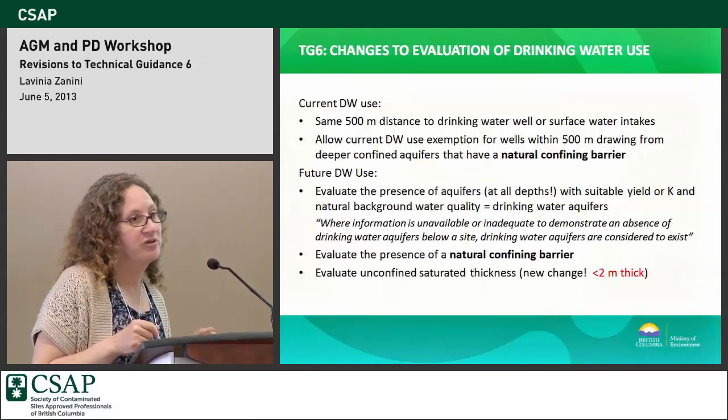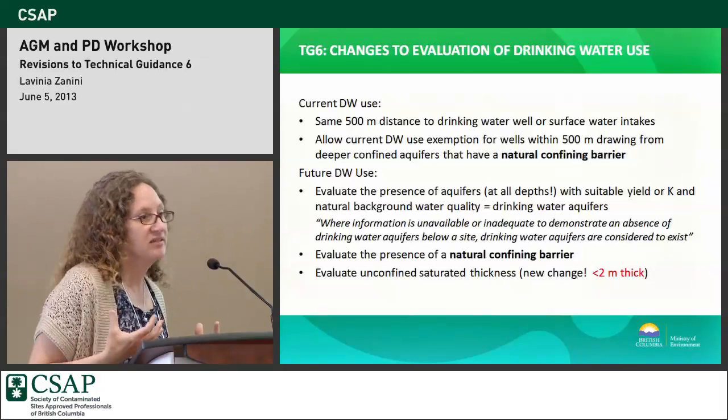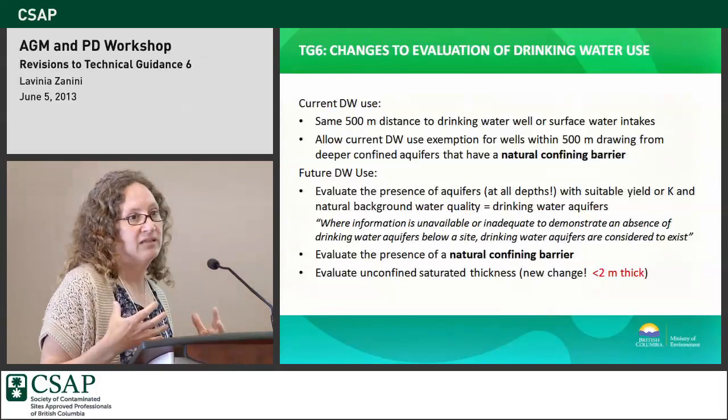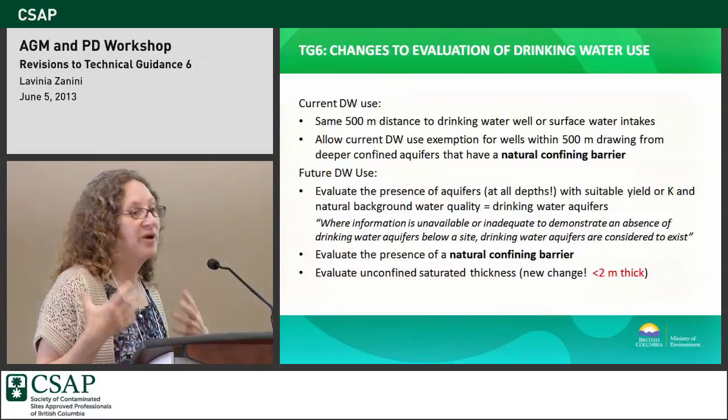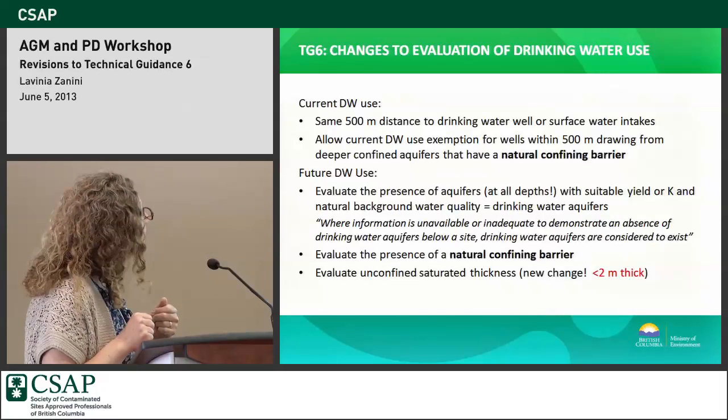I bolded the natural confining barrier because the new document emphasizes that barrier more, because we've been realizing that people haven't been investigating the presence of a barrier as often as they should. So it's really emphasized in the new document.